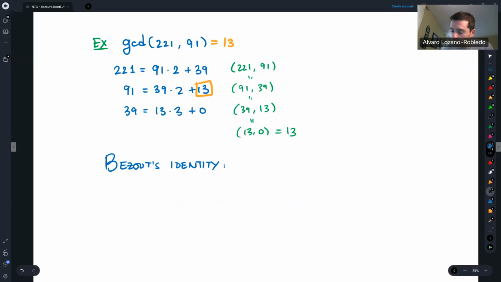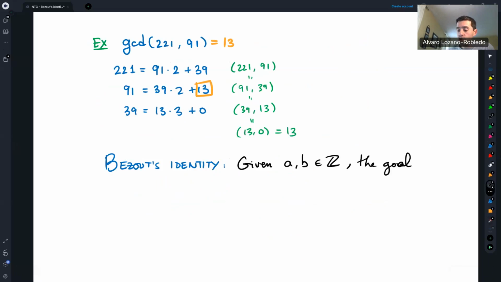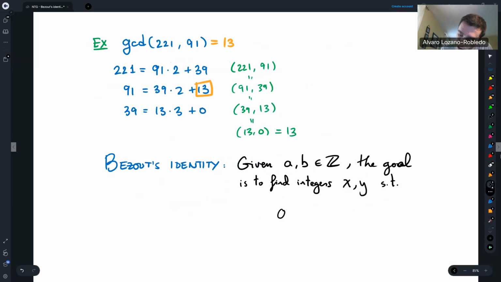Given A and B integers, the goal is to write the GCD of A and B as a linear combination of A and B. So the goal is to find integers X and Y, the ones that we don't know yet, such that AX plus BY equals the GCD of A and B.